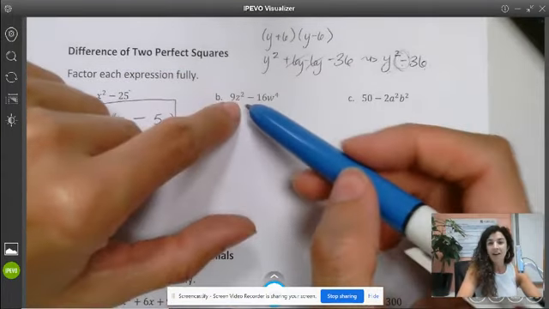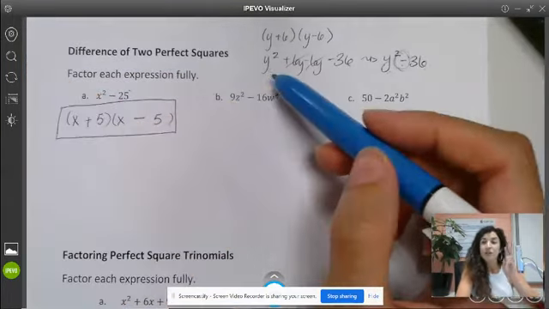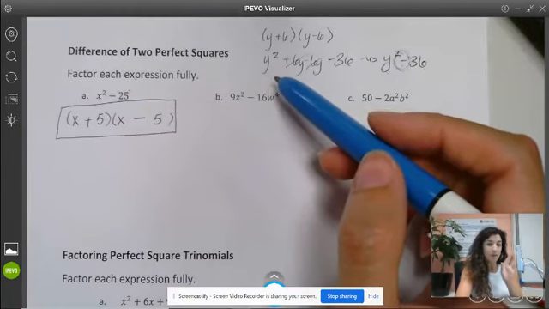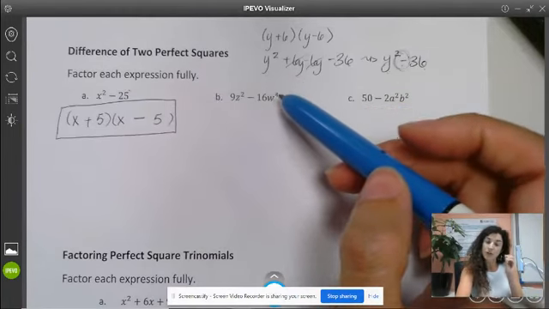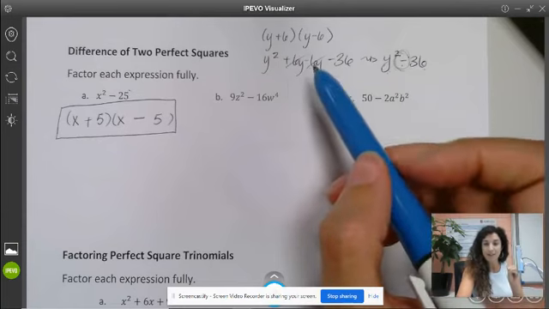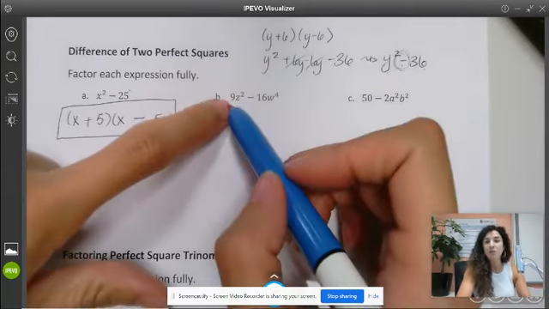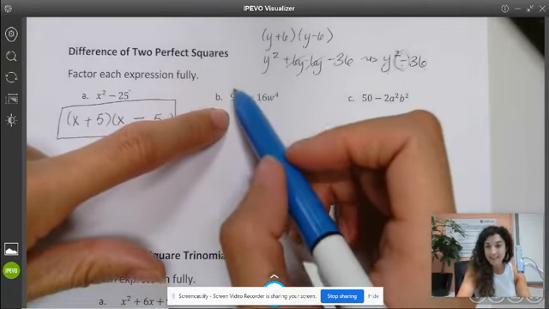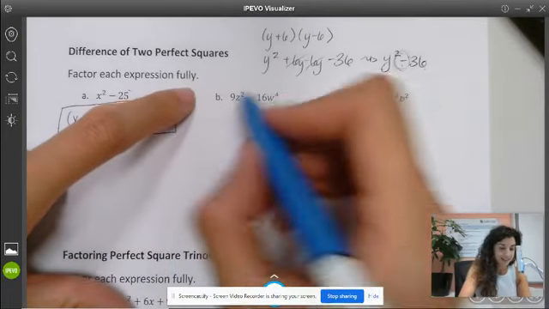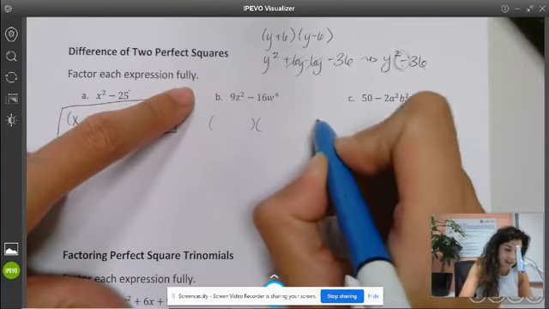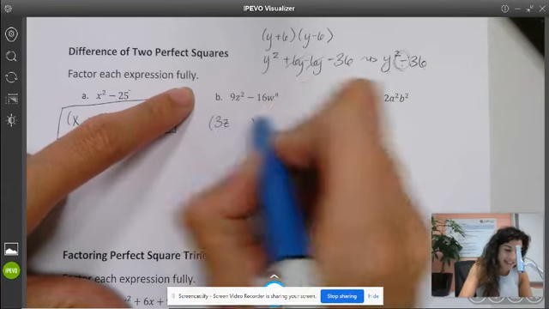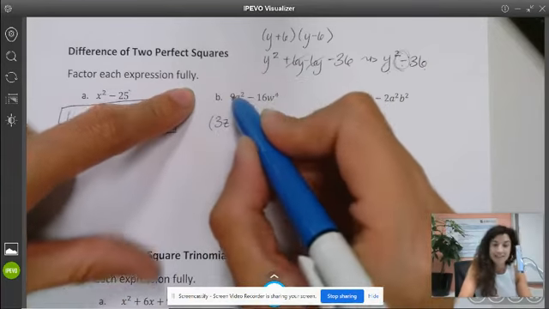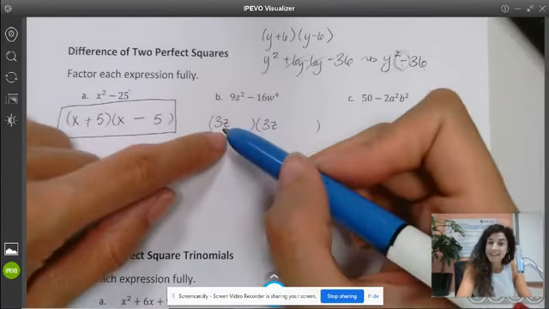All right, now here again we see two terms, so our first thought is, can it be a difference of two perfect squares? So you look: are these perfect squares? They are, because the square root of 9z squared is 3z. The square root of 9 is 3, and the square root of z squared is z.